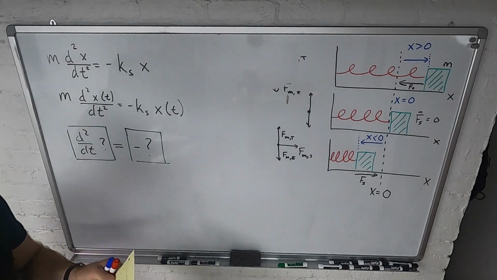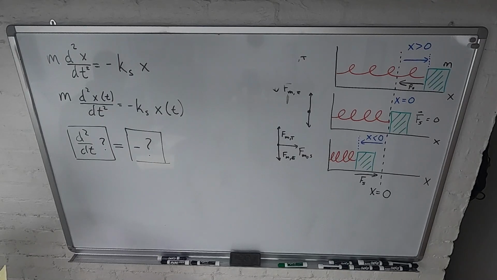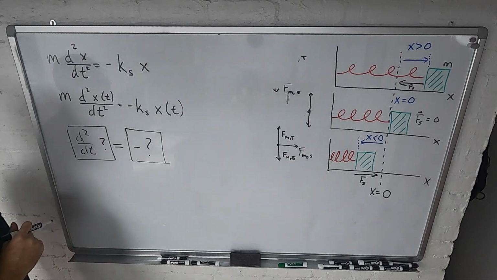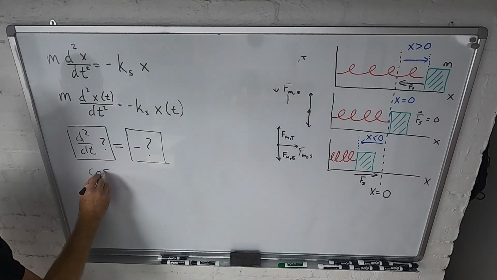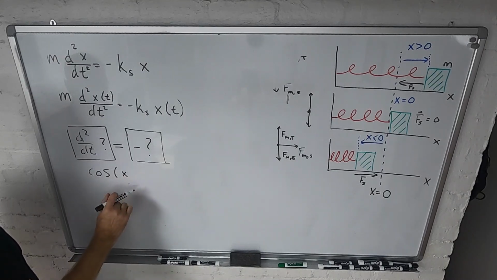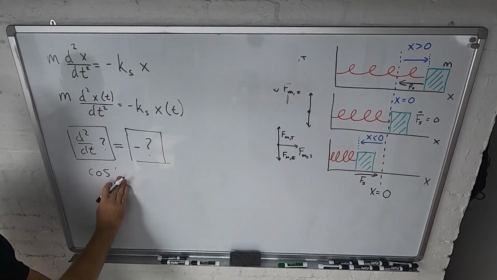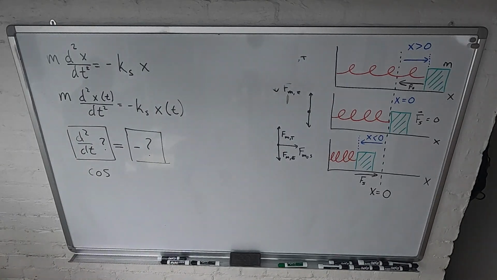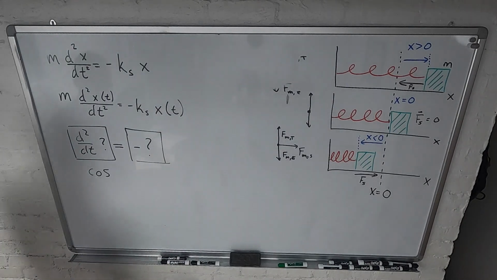Okay. Well, let's see. What do we get? It turns out there are a couple of functions out there that do this. They're trigonometric functions. If I take a cosine, let's just say I take a cosine of something.